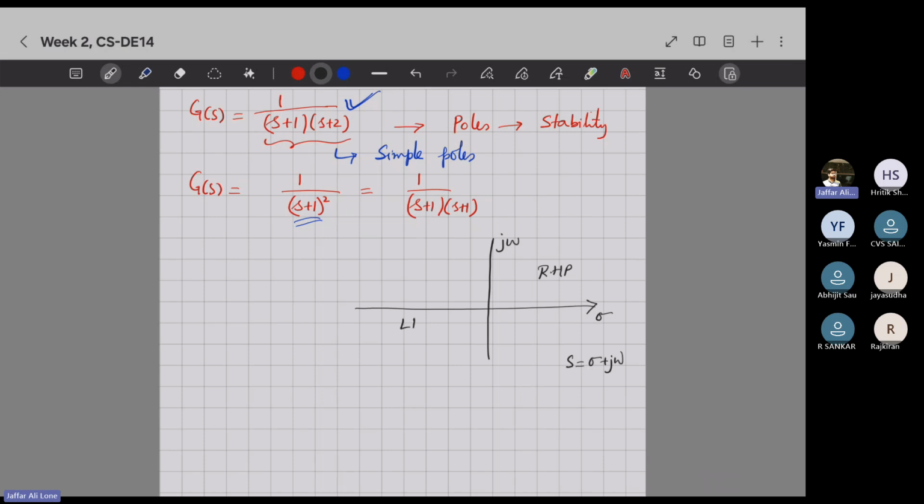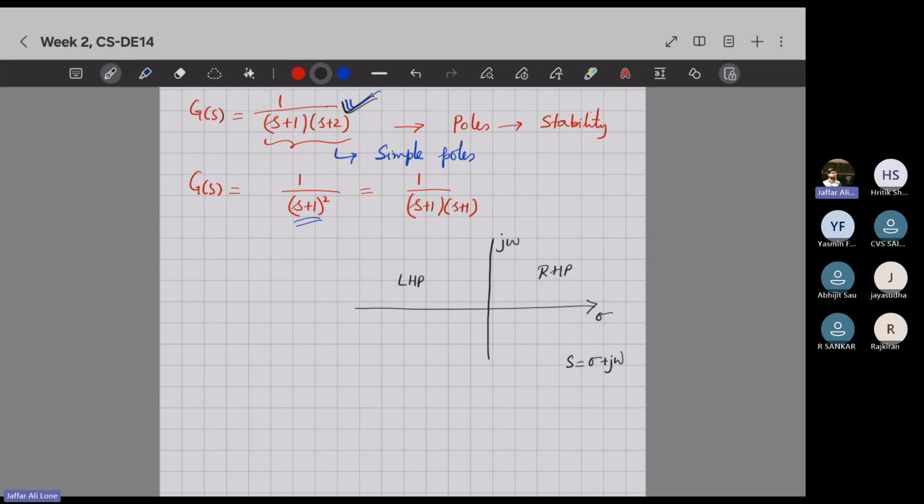I have this LHP where sigma is negative, and j omega is positive as well as negative if you look downwards, right? In general s is a complex number, so its value can be complex as well, as we saw in the previous question.